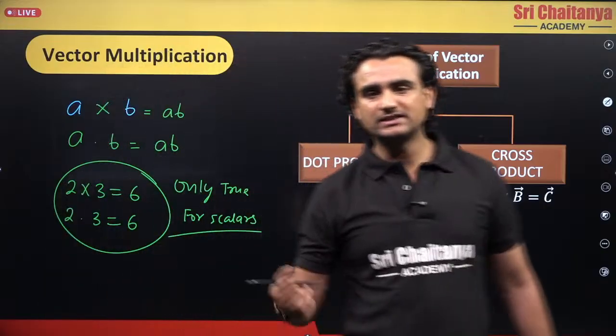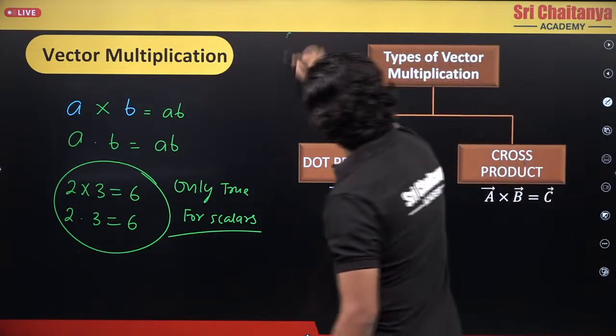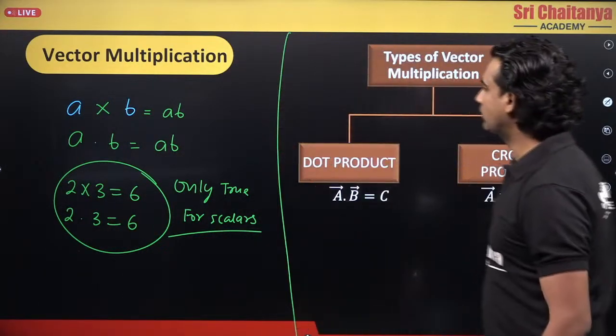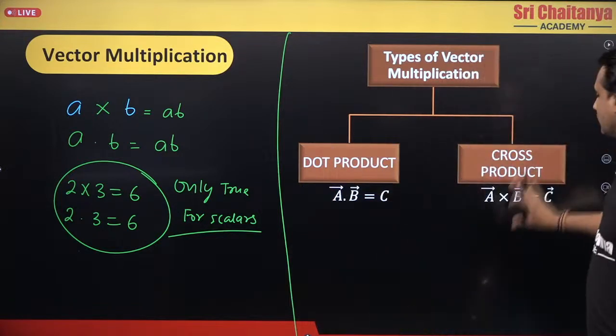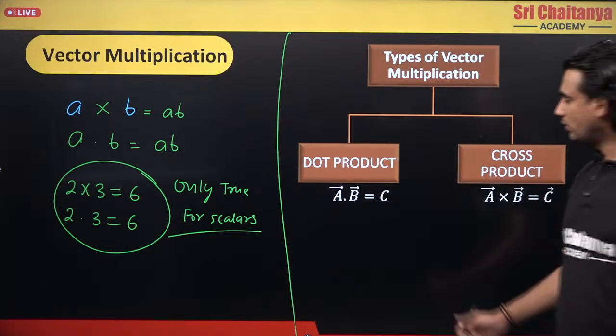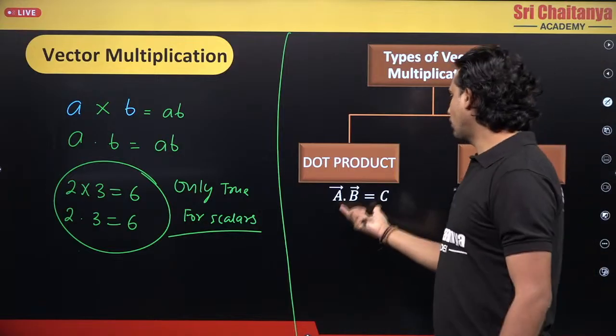But now since we are studying vectors, they have different meanings. In one place we have the dot product, and in the other the cross product. What does the dot product say?